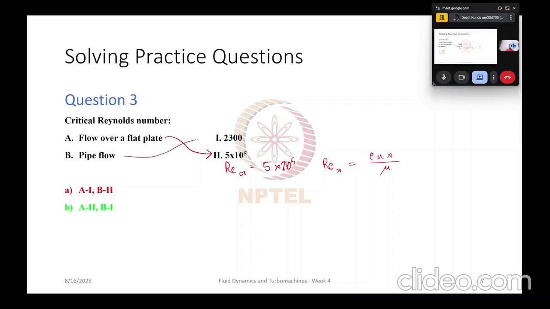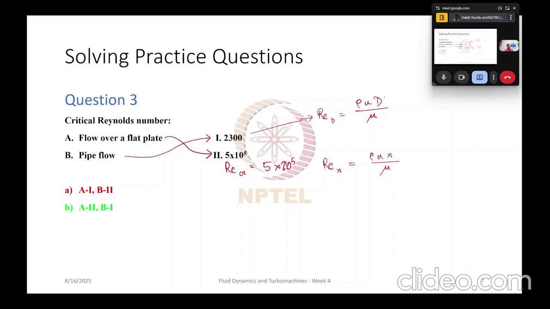And for pipe flow, this number is 2300, and in this case, the length scale for Reynolds number is the diameter of the pipe: rho u d, diameter of the pipe, divided by mu. And that number is 2300.